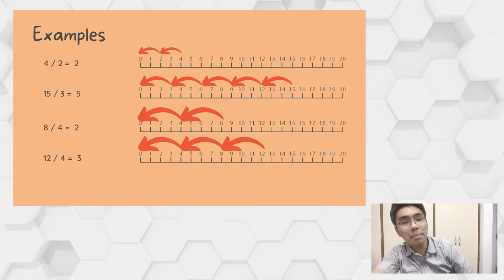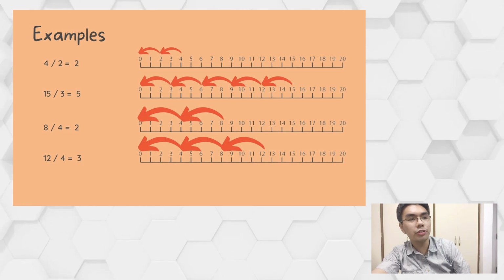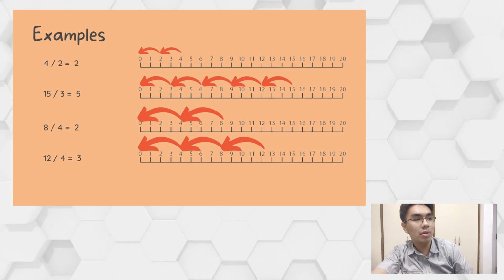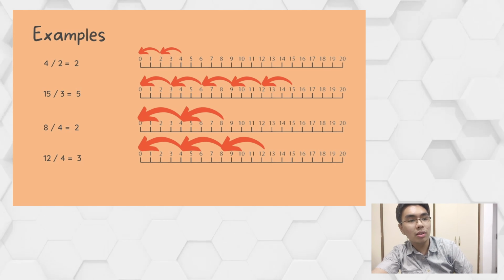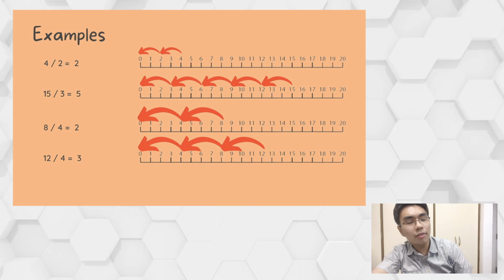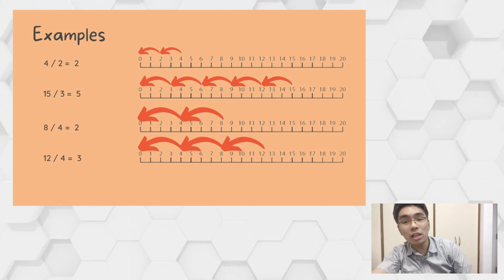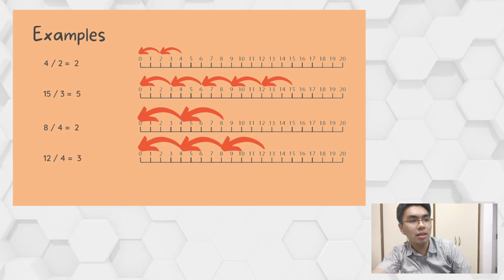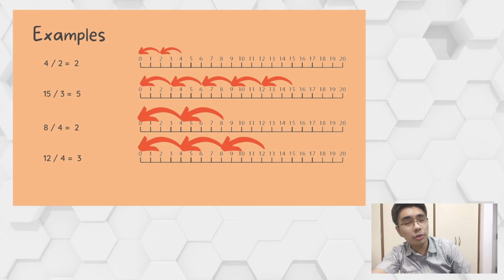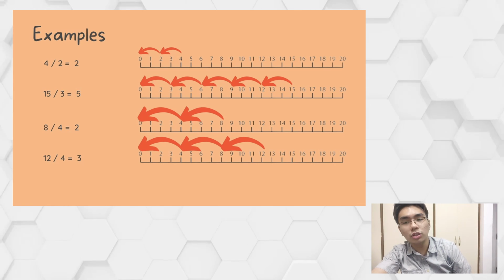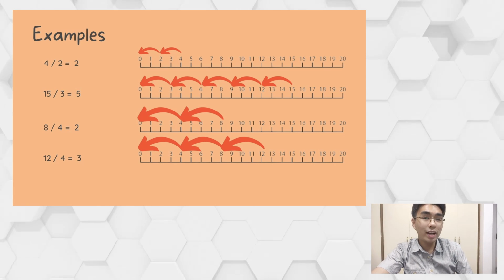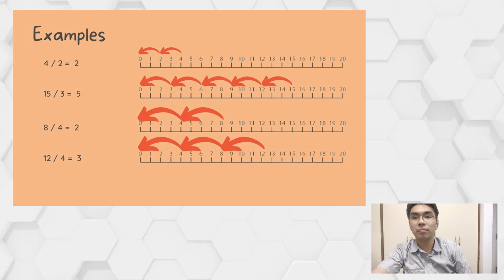For the third example, 15 slash 3 equals 5. Starting from 15, we count or skip 3 five times until we reach 0. So 12, 9, 6, 3, and 0. During the entire process, we have 5 arrows. So the final answer is 5.